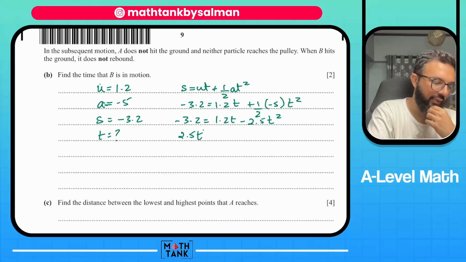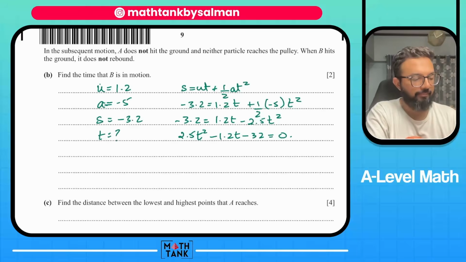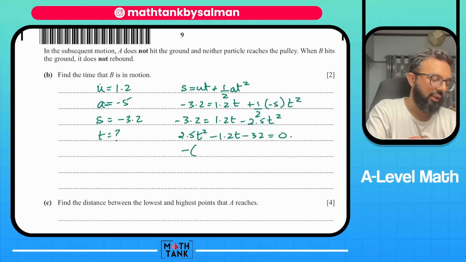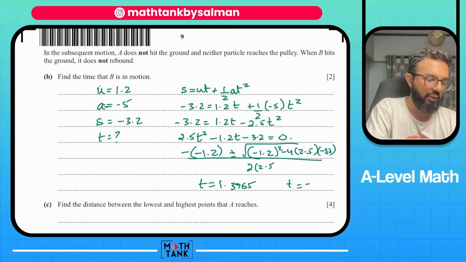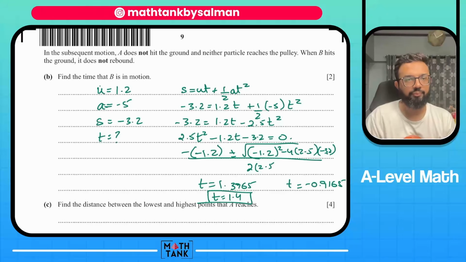So 2.5 t squared minus 1.2 t minus 3.2 equals 0. Using minus b plus minus the square root of b squared minus 4ac, t is coming out as 1.3965 or t is coming out as minus 0.9165. So the correct answer should be t is 1.4.